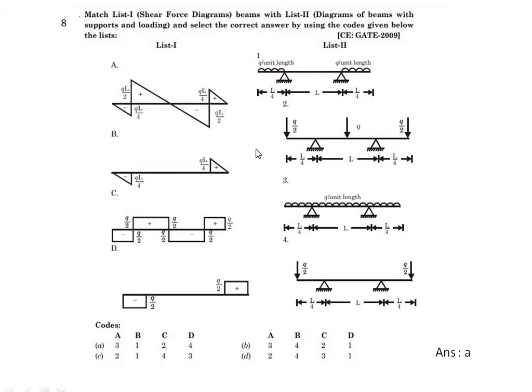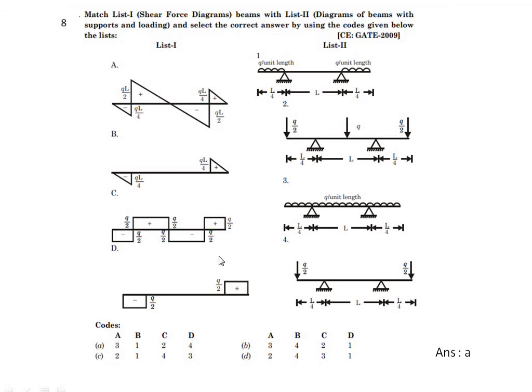Let's check with that. We are having a point load here, and at the next point there is a sudden increase, so this may be due to the reaction. So you have a support here in the second option, so that is also satisfied, and then there is no loading, and finally again a surge, so this may be due to the point load.